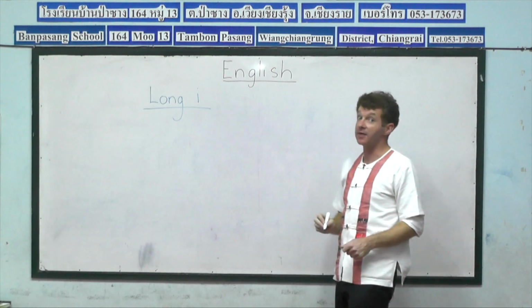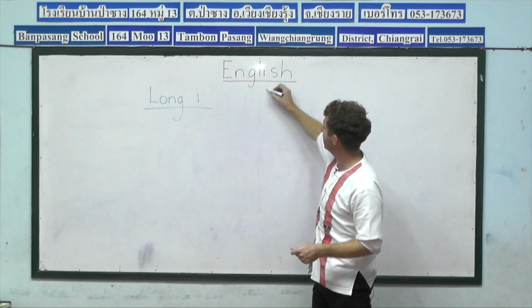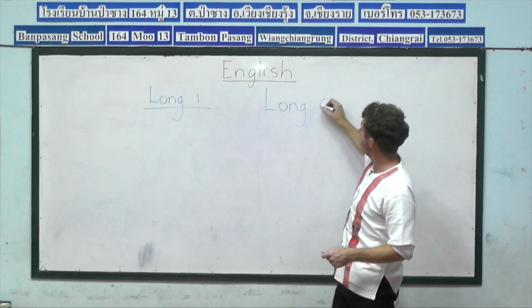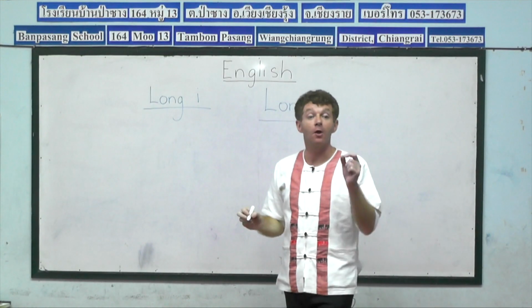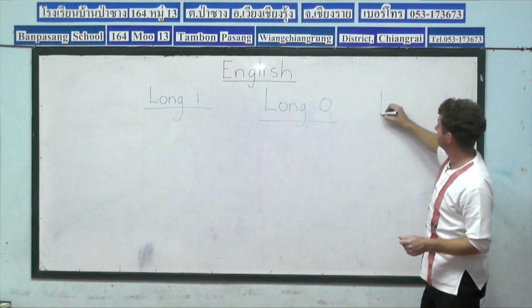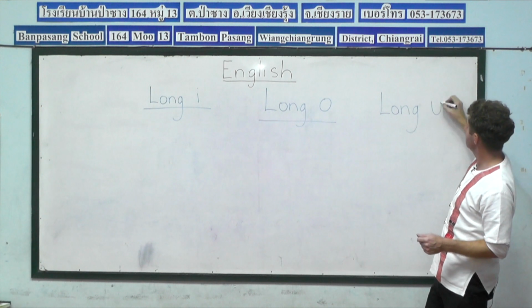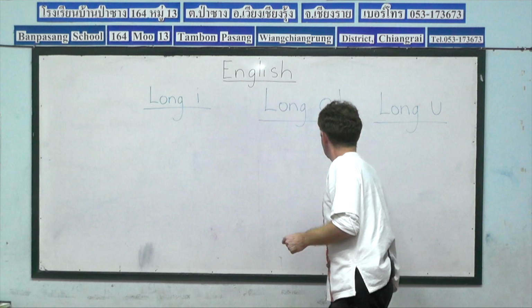Long I. And then we've also got long O. Perfect. L-O-N-G-O. And then our final sound, long U. L-O-N-G-U. So, okay, we've got 3 columns on the board now.